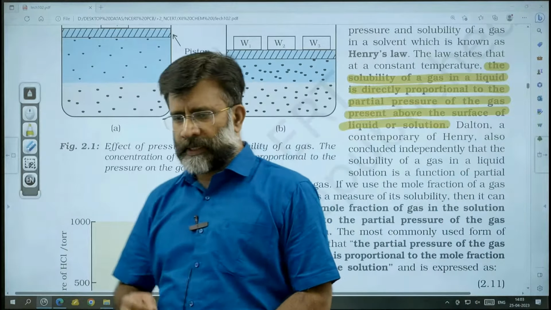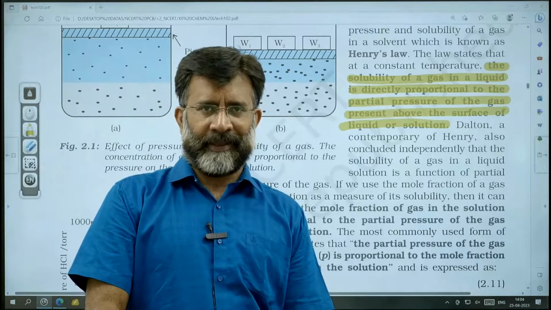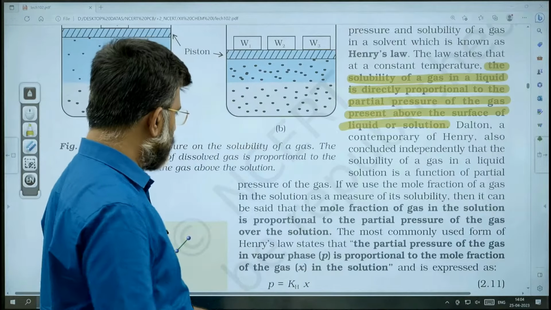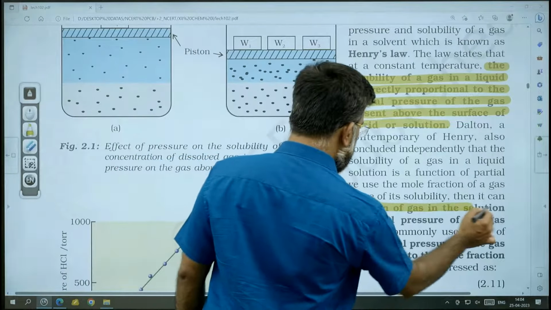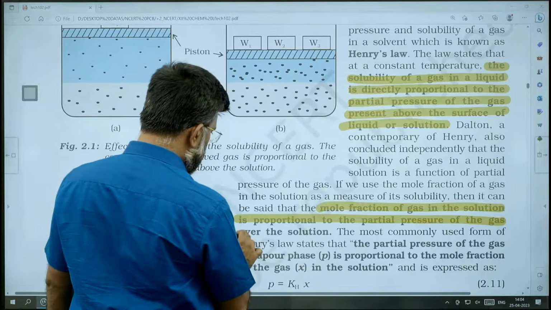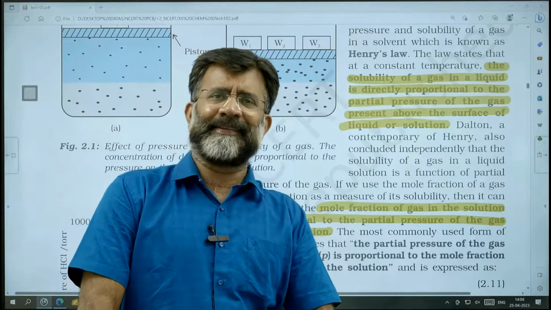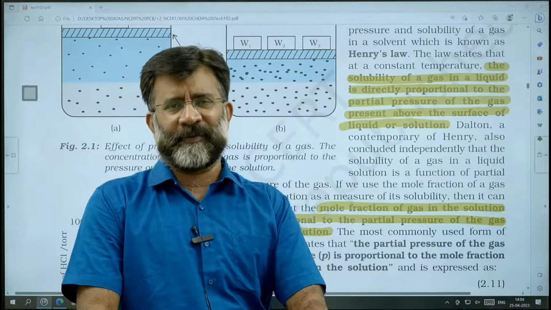So solubility is directly proportional to partial pressure of the gas. There is another statement. The mole fraction of gas in the solution is proportional to the partial pressure of the gas over the solution. All are identical statements, with slight differences in the way they are presented.